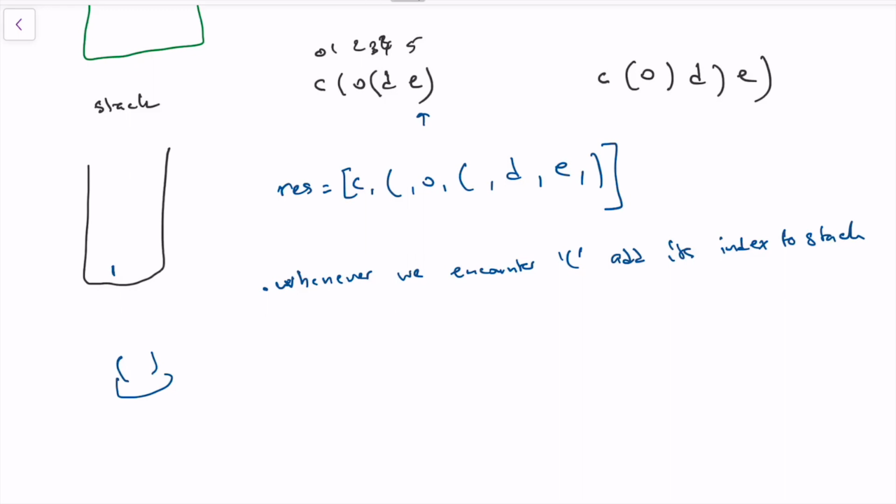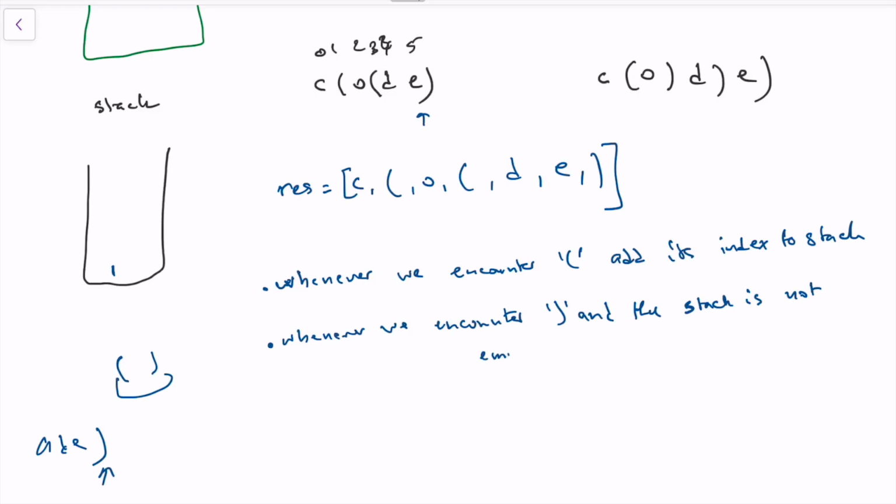So whenever we encounter a close parenthesis and the stack is not empty, because if the stack is empty and we encounter a close parenthesis, there is a problem, because maybe we had characters, but there is a close parenthesis that doesn't have a matching open parenthesis, right? And the stack is not empty, that means we pop from the stack, right?